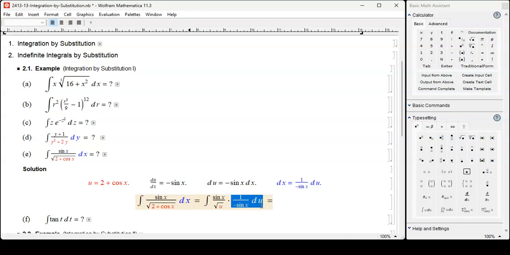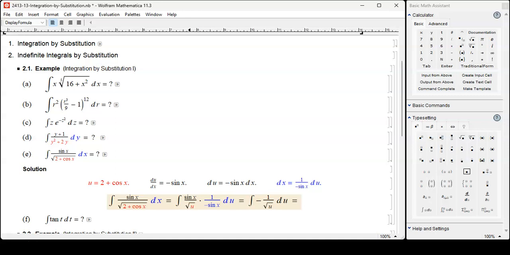Let's highlight this one back in blue. And did you get a simple integral? Sine of x, the sine of x cancel out. We get a negative 1 over square root of u du. So this is much more manageable integral.